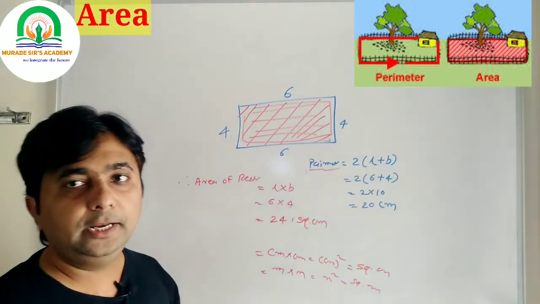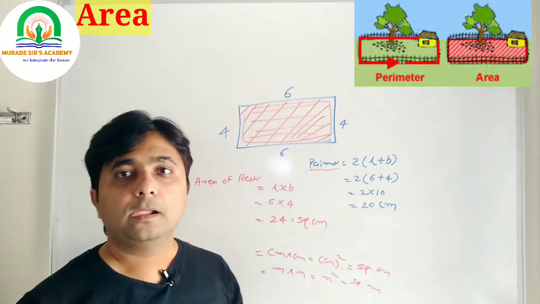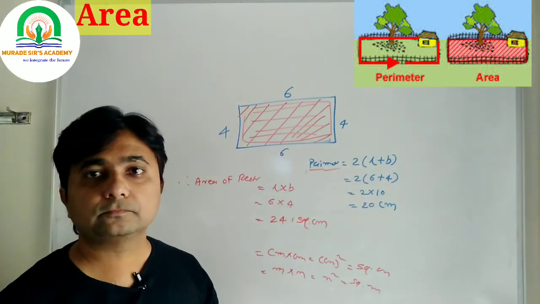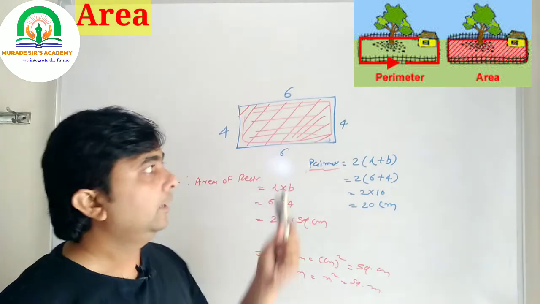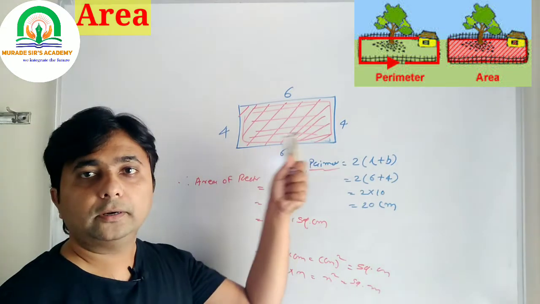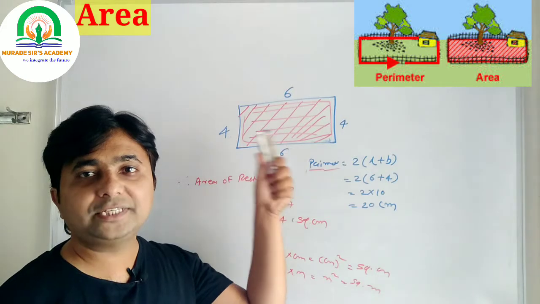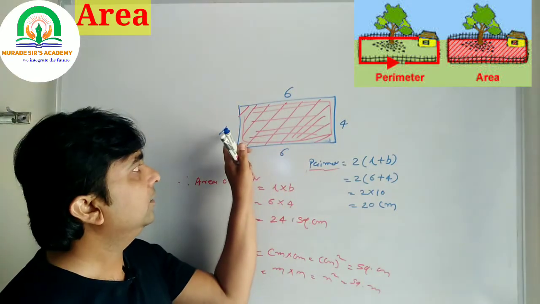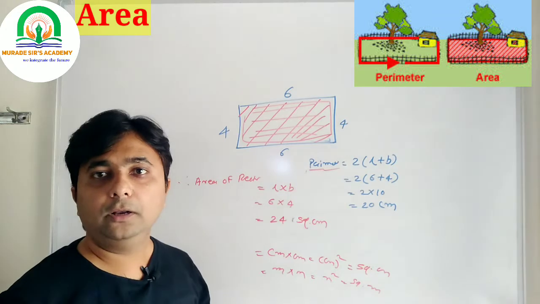In our daily life, if we consider this as our house and we need to put a carpet in the hall, how much carpet will we require for a 6 by 4 hall?